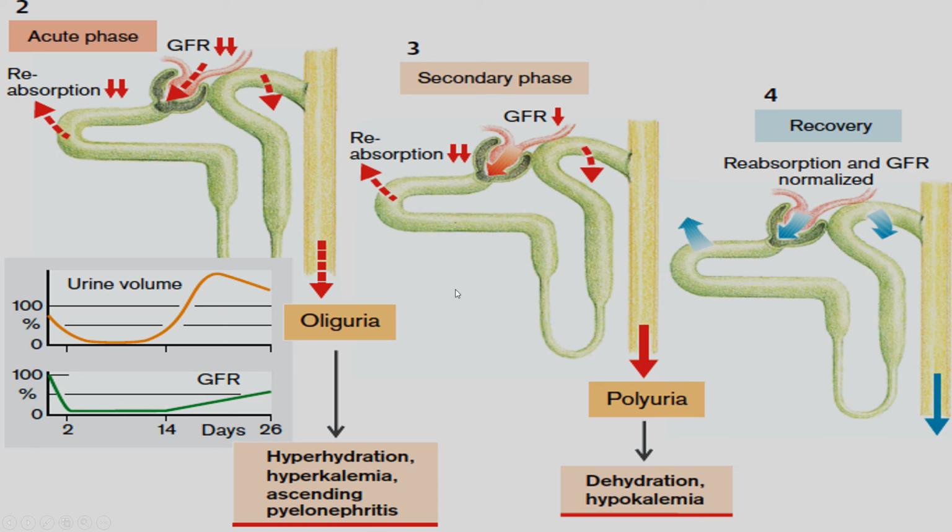And the secondary stage forms polyuria. In the polyuria, the organism loses water, and dehydration and hypokalemia occur. In the recovery, reabsorption and glomerular filtration rate normalize.